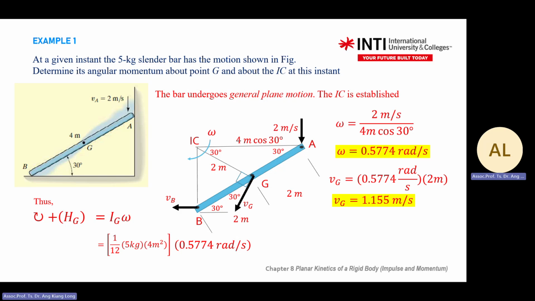Omega you read from the previous answer. So your Hg will be 3.85 kilogram meter squared per second, and it is clockwise. You are at the center, so refer to IXX or IYY.